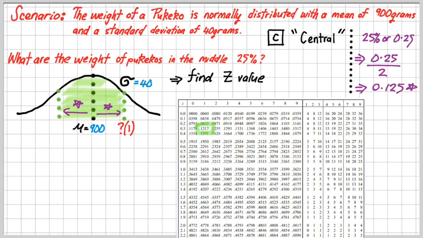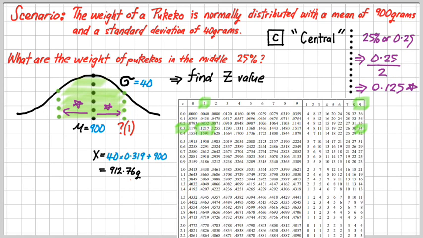Let's find our Z value. Here we go, that's the closest we've got so far. And what we need to do is add another number there. And here is our Z value, 0.319. Alright, so there's our little formula, and we get an answer of 912.76.